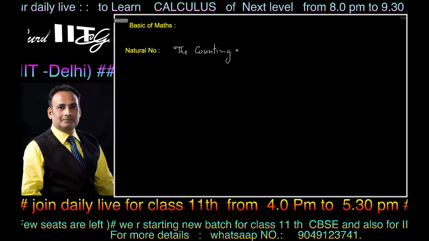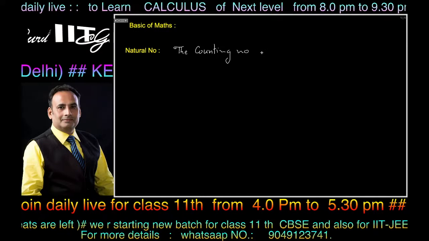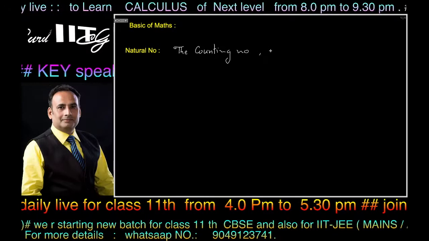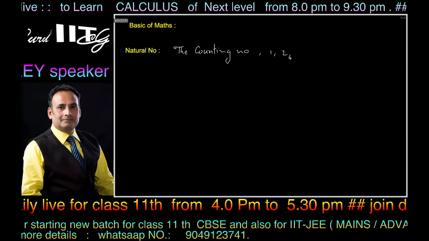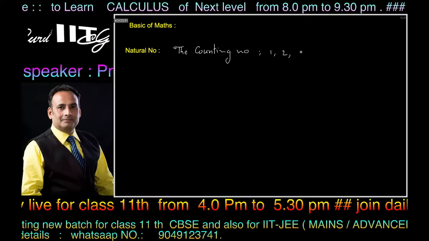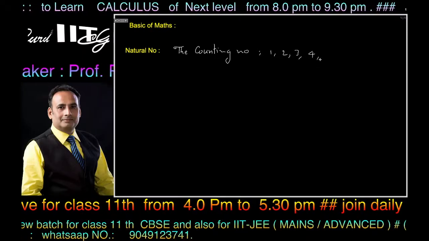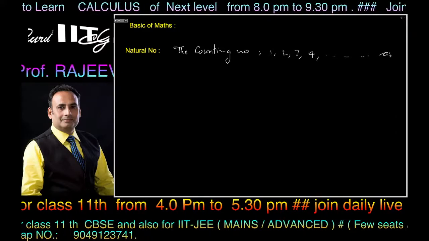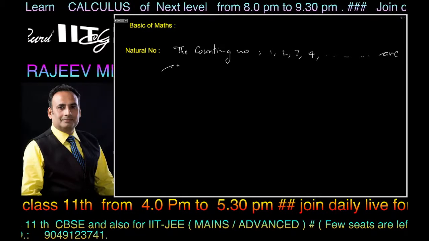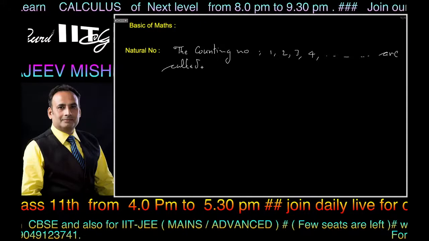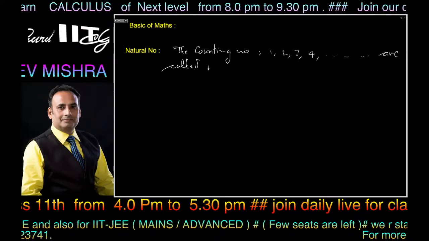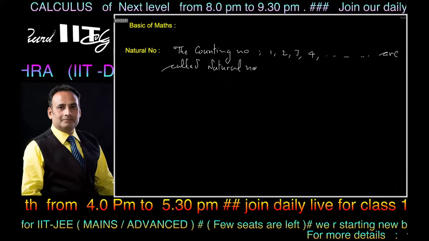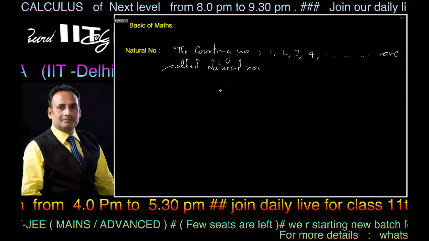All the counting numbers are called natural numbers. Example: 1, 2, 3, 4, and so on are called natural numbers, right?